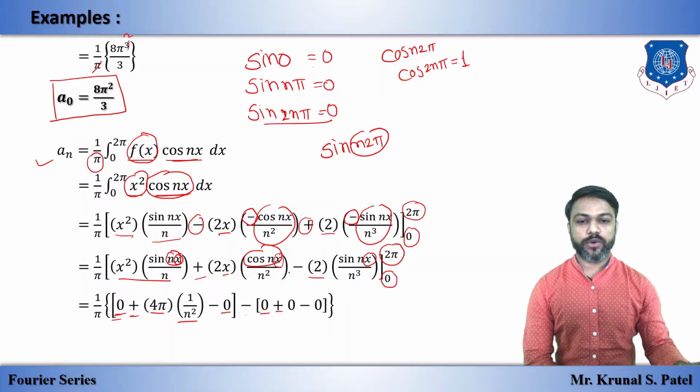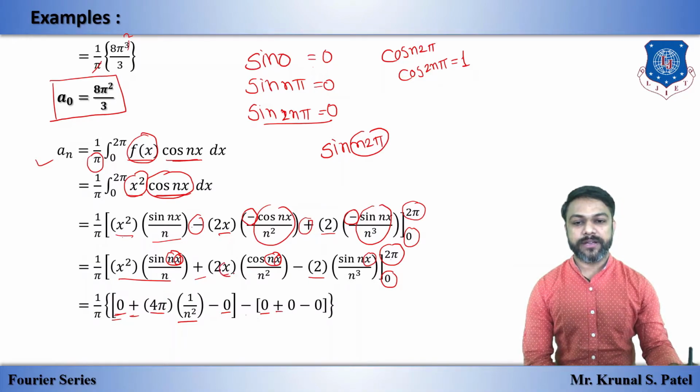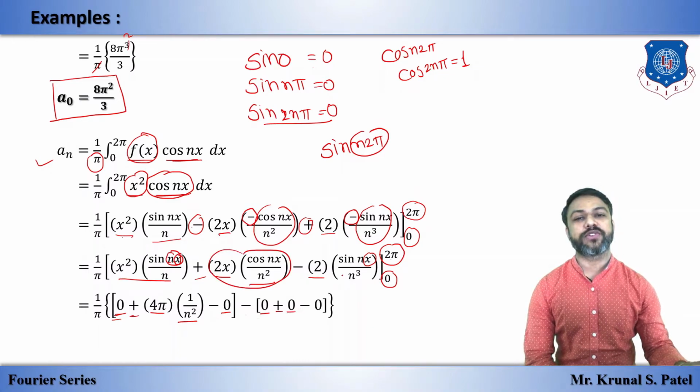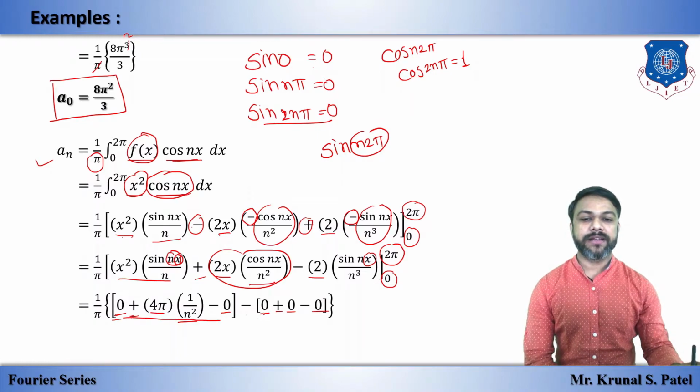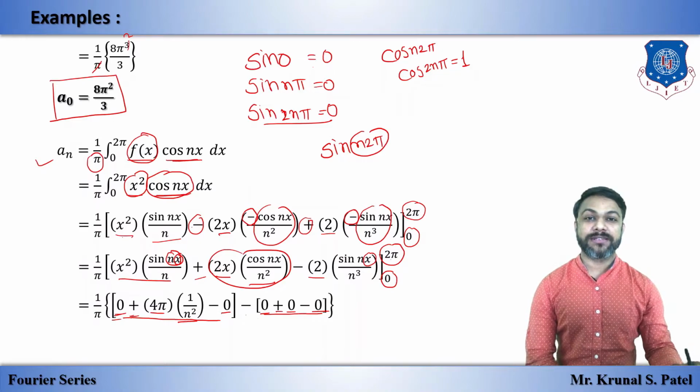Now if we put 0 in this cos, 0 into n is 0 and cos 0 is 1, we know that, but we put this 0 here, so 2 into 0 is 0, so either this 0 or this 0, multiplication is always 0, so this is also 0, and again sine n into 0 is 0, so we have 0. So this is our upper limit minus lower limit. Use pen and pencil so you will understand better.